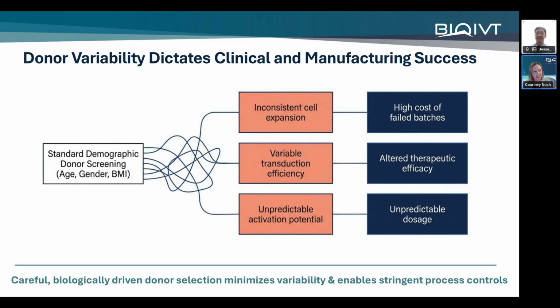And so what that translates into is differences that we see in that immune composition, potentially expansion potential, functional activity. Rather than treating donors as just interchangeable, minimal factors that you're looking at, you really need to hone in on that donor as your primary experimental variable. And so it becomes essential that you're controlling that variable as much as possible to improve your reproducibility.